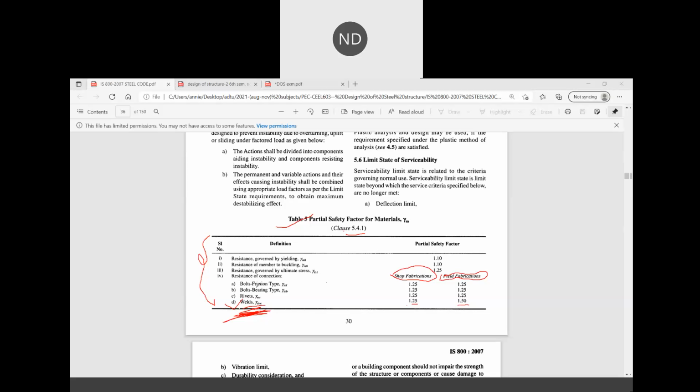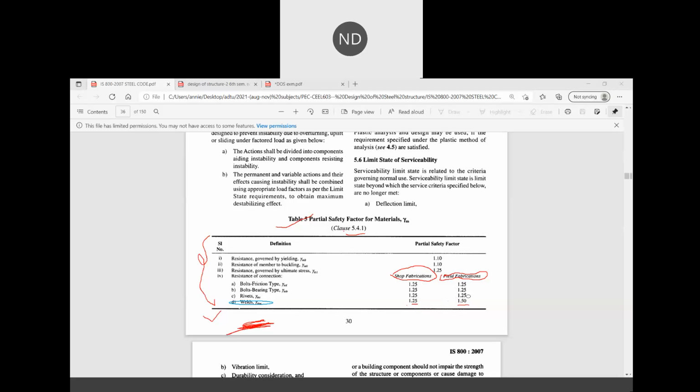Suppose you are designing this welding, you will have two choices of values for gamma MW: one for shop fabrication and one for field fabrication.